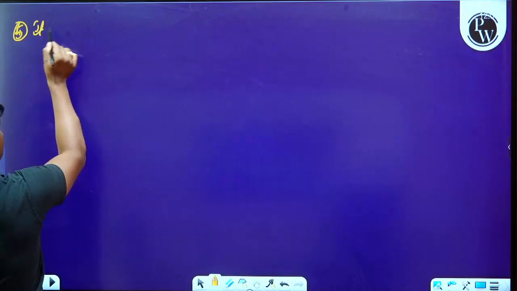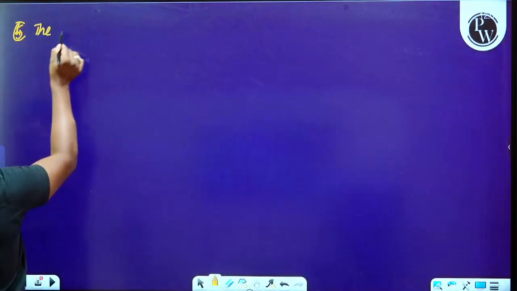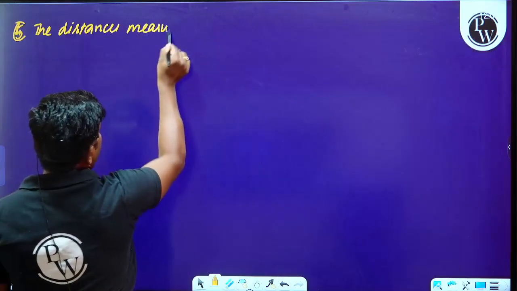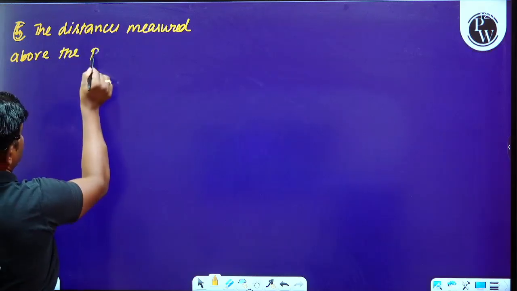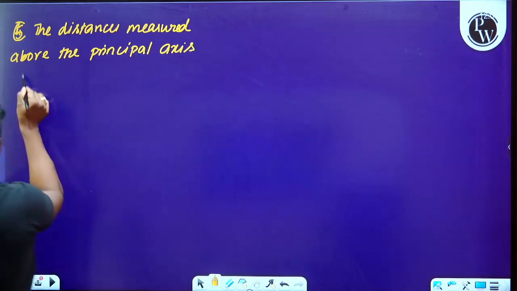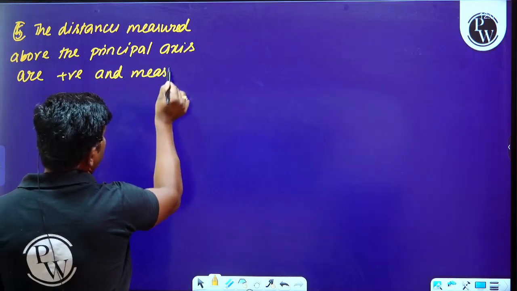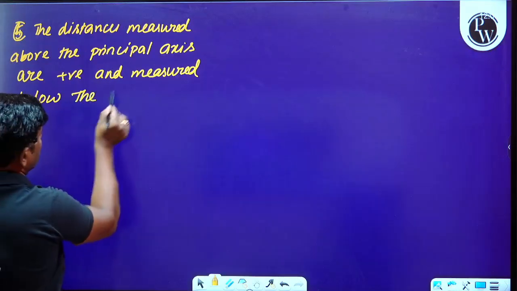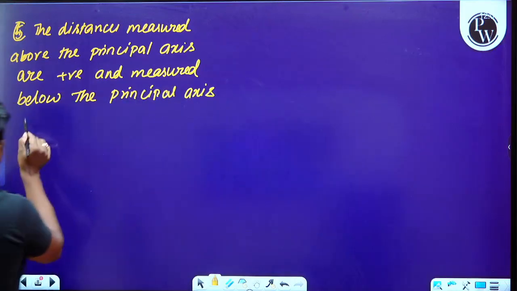The distances, or the heights, measured above the principal axis are positive, and those measured below the principal axis are negative.